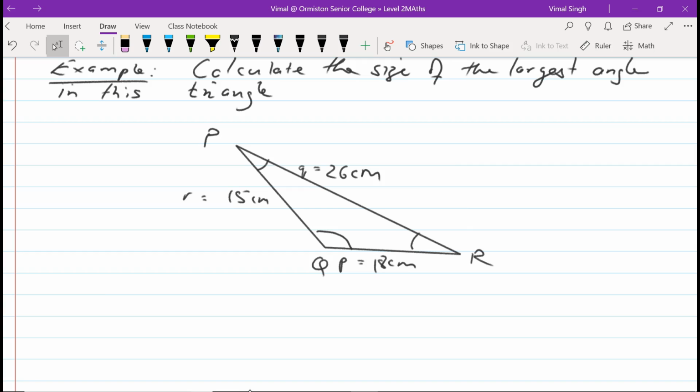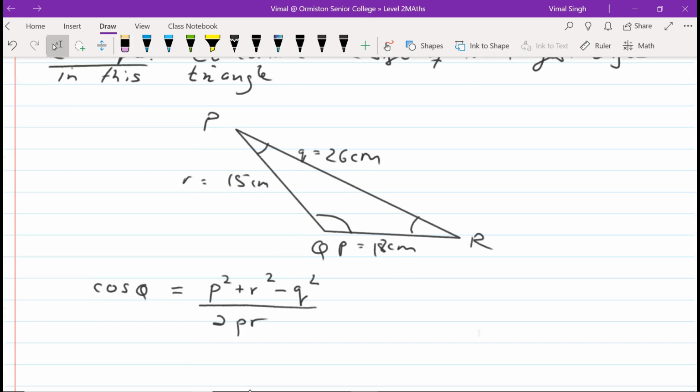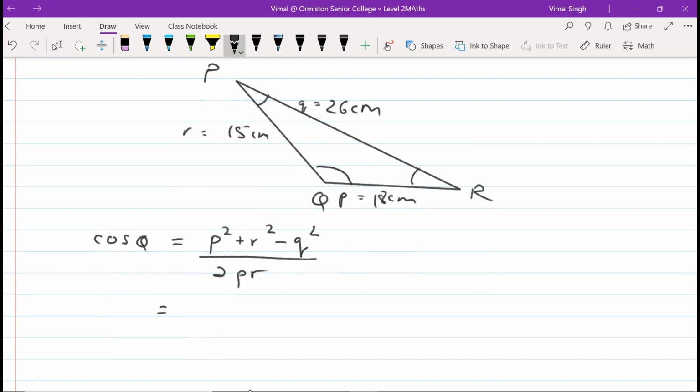So remember, cos of Q is going to be P squared plus R squared minus Q squared over 2 times P times R. So that is going to be 18 squared plus 15 squared minus 26 squared divided by 2 times 18 times 15.